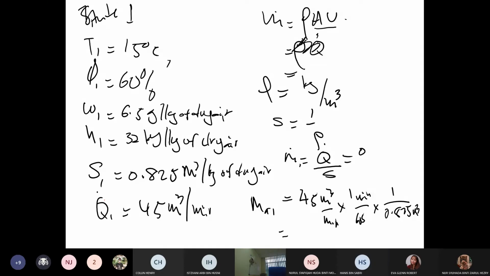Yeah, so the value is reasonable. 0.909 kilogram per second. So that's the value for the m dot A1. Okay.